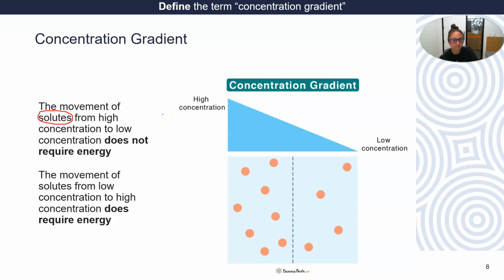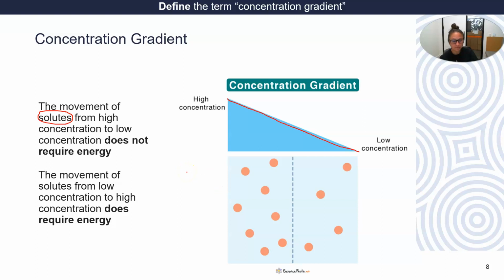If you've forgotten, go back to the recording and add it in. These are things that we put into a solvent to make a solution. So if we look at these orange circles as solutes, we can see that there's more here than there are here. So we have this slope, a gradient.